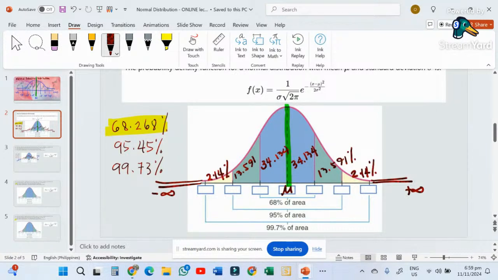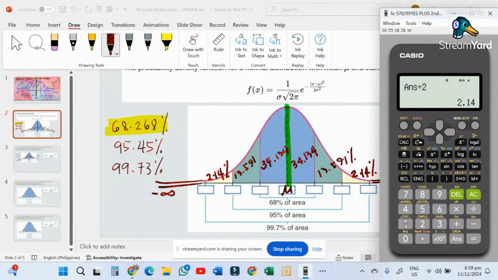There you go. And the remaining will be 100% minus 99.73, that's the exact value. So you have 0.27 divided by 2, so you have 0.135 on each end.